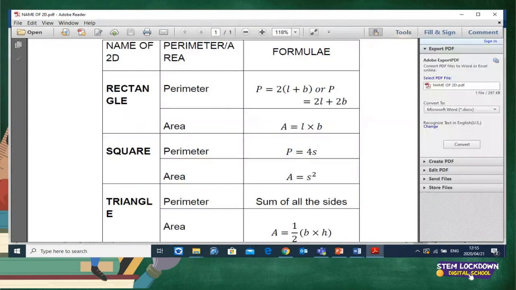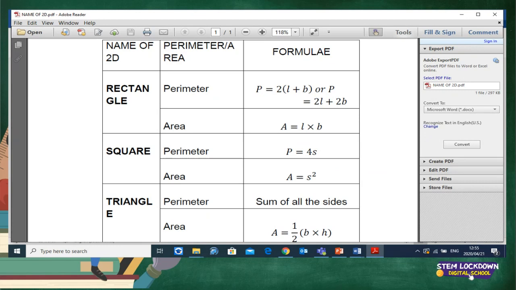As we have said, when you work with a rectangle, the area of a rectangle is given by the formula L multiplied by B. That is your formula there. L times B, that will be the formula to calculate the area in a rectangle.